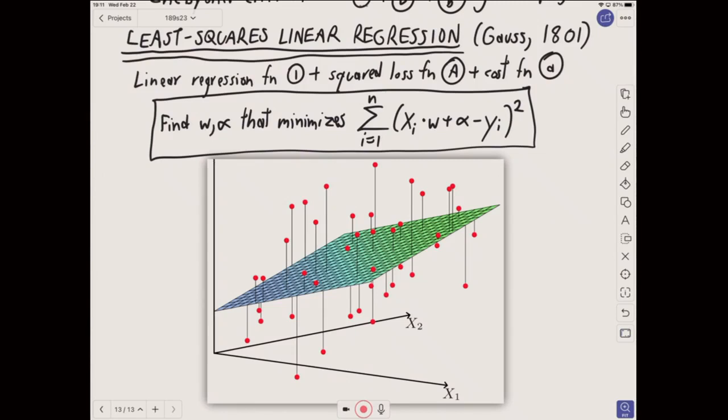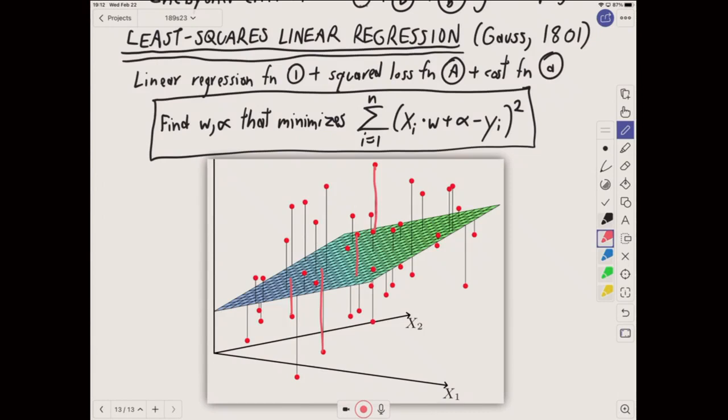And what makes this blue-green plane special is, well, let's look at all of these little vertical bars that have been drawn from each point down to that plane, or up to that plane as the case may be. So we're looking at those vertical distances, vertical distance from the point to the plane.